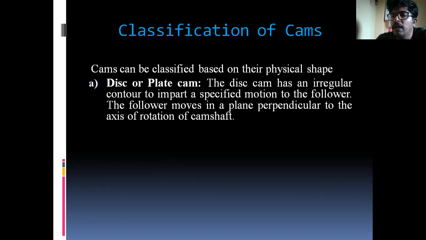The disc cam has an irregular contour to impart a specified motion to the follower, mainly providing the rotary motion as an oscillatory or reciprocating motion to the follower. In a disc or plate cam, the follower moves in a plane perpendicular to the axis of rotation of the camshaft. That is about the disc or plate cam.